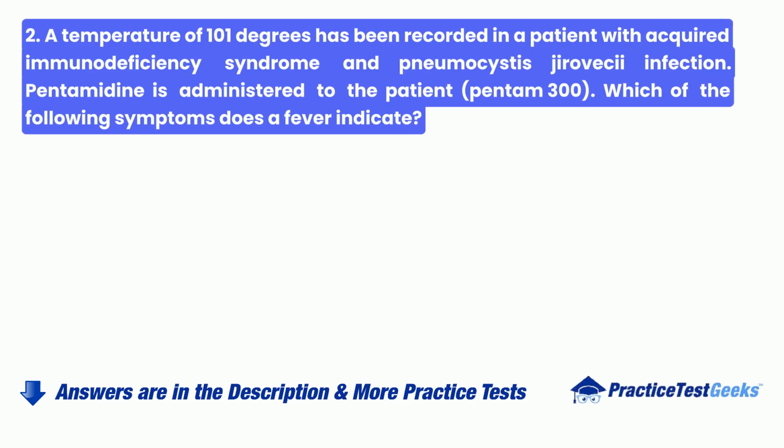2. A temperature of 101 degrees has been recorded in a patient with acquired immunodeficiency syndrome and Pneumocystis jirovecii infection. Pentamidine or Pentam 300 is administered to the patient. Which of the following symptoms does a fever indicate?